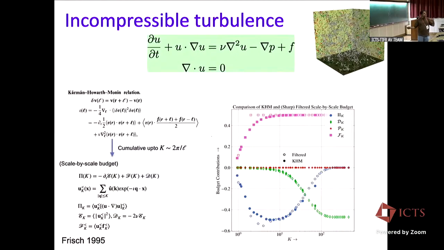You could do the same thing by looking at filtered velocities, where you take your velocity field and do a filtering operation on it. So here is a filtered velocity field. You take your velocity field, go to momentum space, and set to 0 all the wave numbers which are greater than k. Do an inverse Fourier transform, and you get a filtered velocity up to a scale k, right?